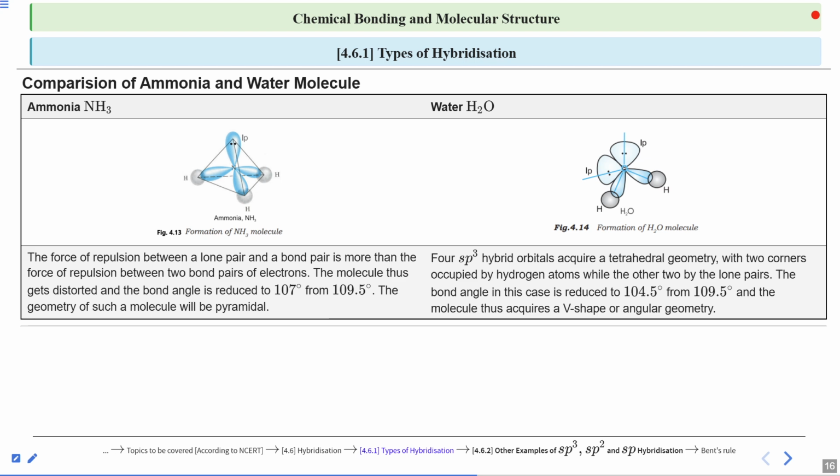So an even smaller angle is seen. But both of these have sp3 hybridization and tetrahedral geometry, but a different shape: V shape or bent shape in the case of water, whereas pyramidal, triangular pyramidal shape in the case of the ammonia molecule. Remember, in the case of shape, we only take the atoms and not the lone pairs.